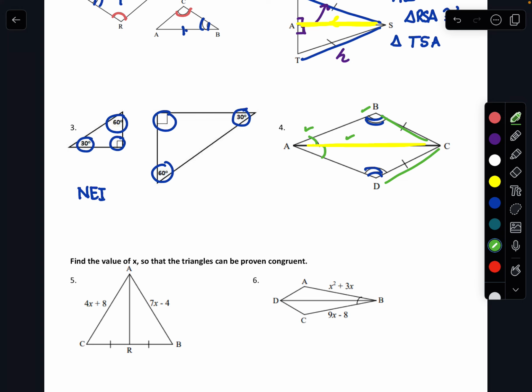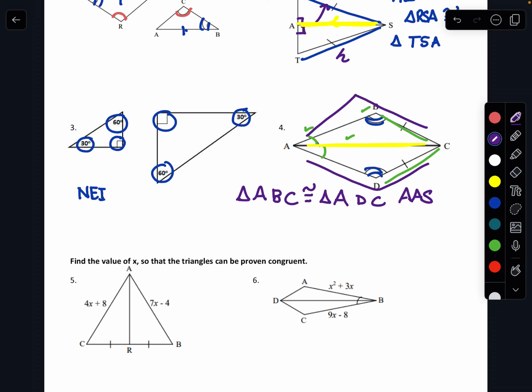And we have a side, that's probably all I can see, angle, side. So these are congruent. So let's say triangle ABC is congruent with ADC by the angle, side theorem.